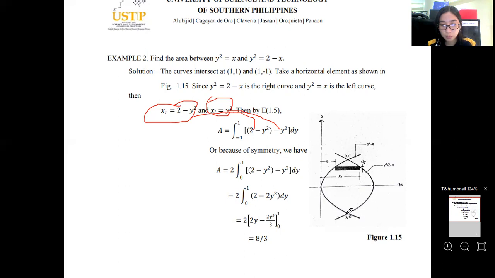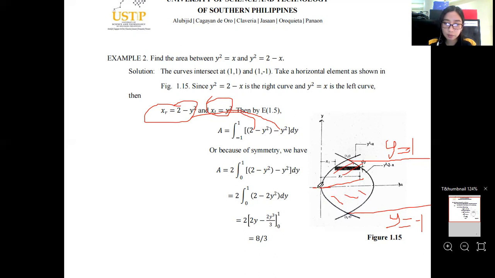So the limits are y equal to negative 1 and y equal to positive 1. Since the area here is symmetrical to the area over there, we just multiply by 2.